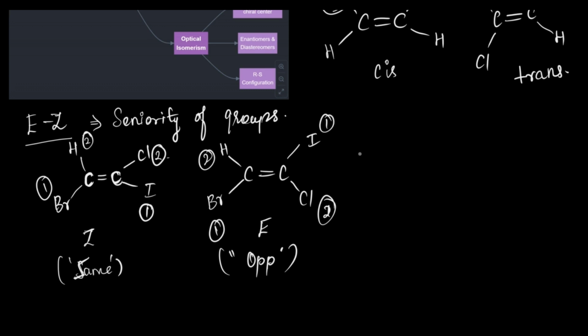Is it clear up to this part? Cis, trans, E, Z. Okay. Is there only one way for mentioning geometrical isomerism? None of the other molecules are having any restricted rotations? No. There are some molecules which are having restricted rotation. The most important one is rings.